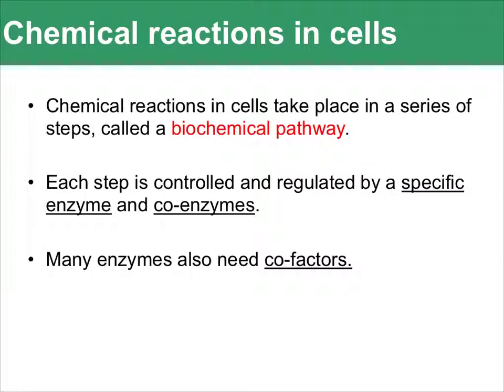Each step is controlled and regulated by a specific enzyme and coenzymes. Many enzymes also need cofactors. The difference between coenzymes, cofactors and enzymes is that enzymes are protein-based, whereas coenzymes and cofactors are not protein-based. However, coenzymes and cofactors are required for the reaction to proceed as normal.